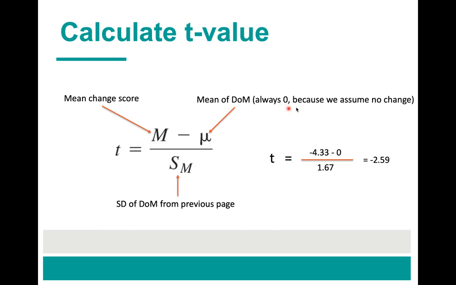So we start with the assumption that nothing happened, 0, and we compare our observation against that assumption of 0. That's what our numerator is. We observed a decrease of 4.33 in depressive symptoms, and we're going to compare that to the idea that therapy did nothing, right? 0. That's why the mean of the distribution of the means is always 0.